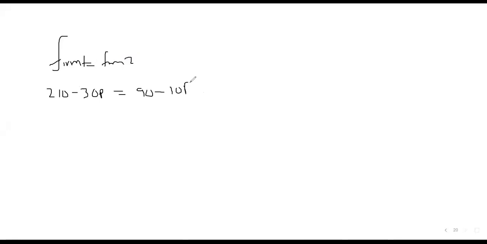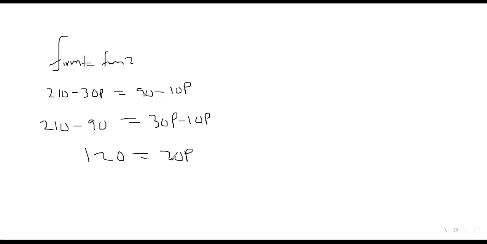So we just solve for p. 210 minus 90, we get 120. Then 30 minus 10, we get 20. And we divide both sides by 20. So we're going to get our P as 6.